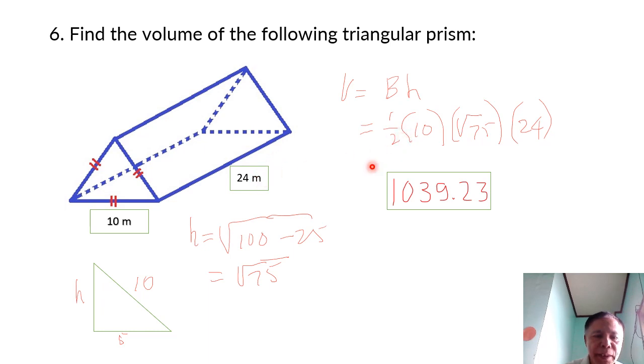So base times height: if you compute 1/2 times 10 times the square root of 75 times 24, you have 519.61 cubic meters.